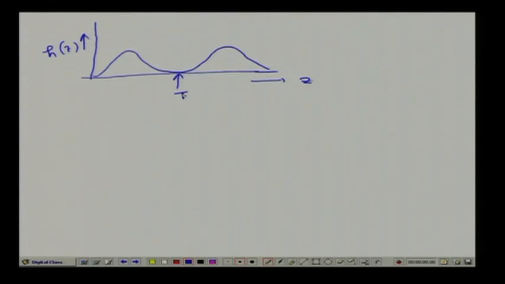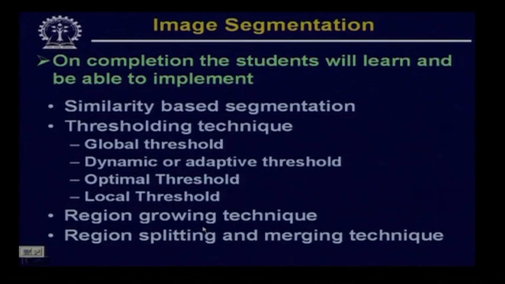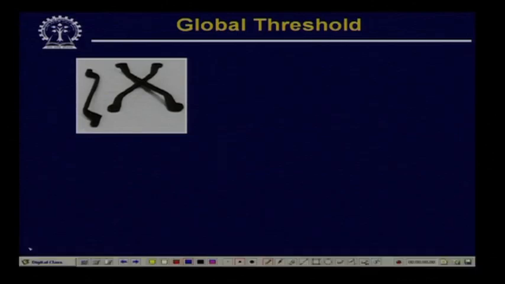Now, I will show you one particular result. Say for example, in this particular case, here you find that we have an image where the objects are dark, whereas the background is bright.